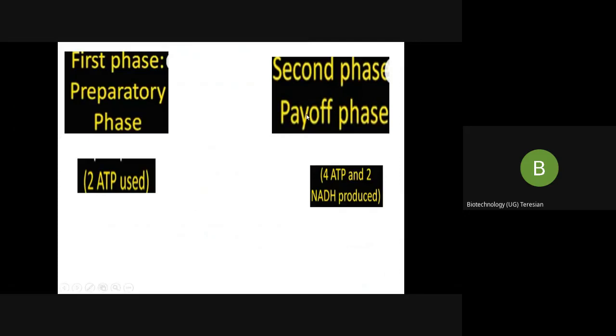Whereas the second half of our cycle is known as the payoff phase because here the ATP is generated. Also 2 molecules of NADH are produced.